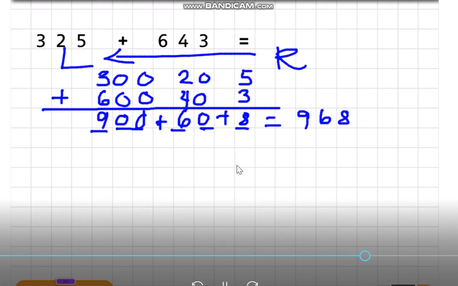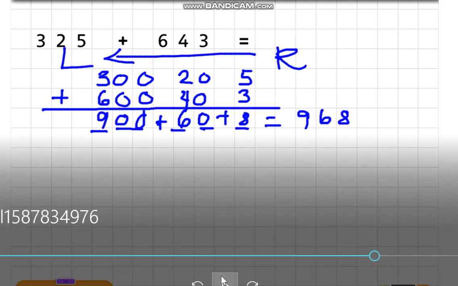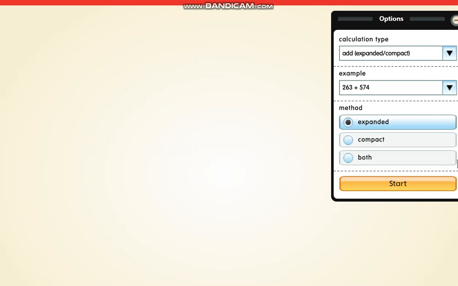Okay, now let's see who listened carefully just now. For the second addition, I want you to take a look at this one. Expanded method. So we have 263 plus 574.